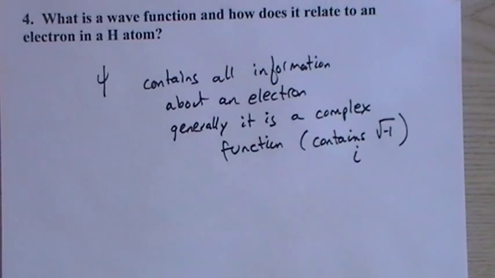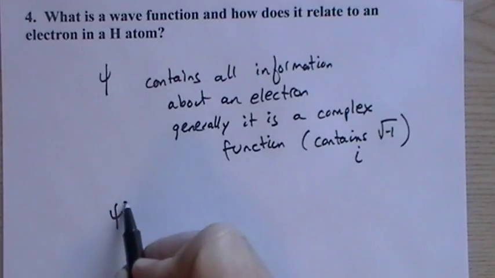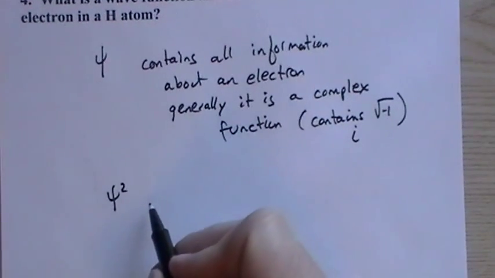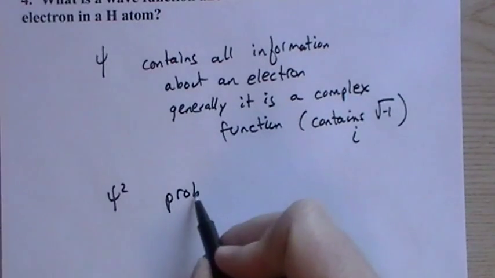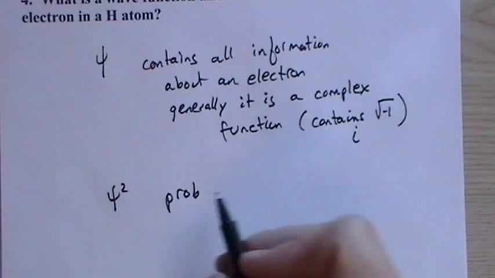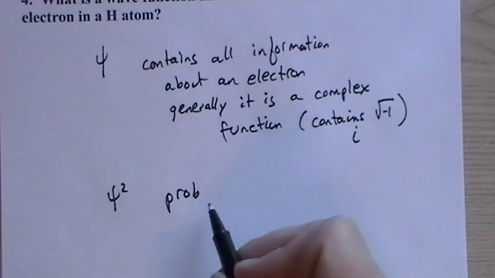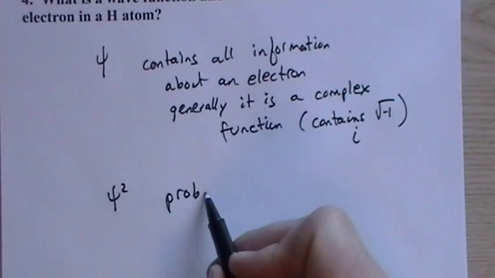Well, it's hard to work with something that has an imaginary term. But if we square psi, that gives us a real value. The square root of -1 disappears, or gets taken care of by another square root of -1.